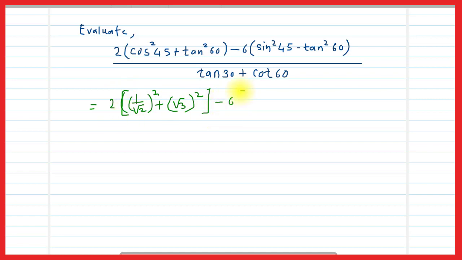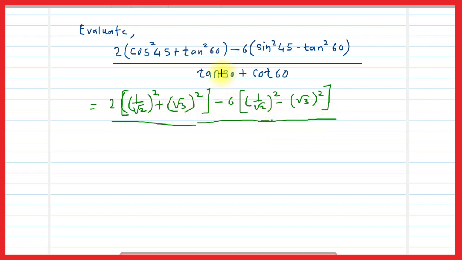Minus 6 into bracket sin square 45. Sin 45 is 1 upon root 2 bracket square minus tan square 60. Tan 60 is root 3, so it will be root 3 bracket square, close the bracket, upon tan 30.